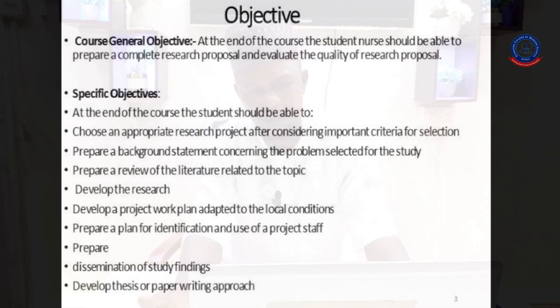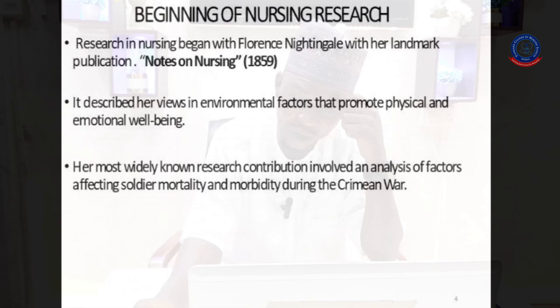Then we want to start with how does nursing research begin? Research in nursing began with Florence Nightingale with her landmark publication, Notes on Nursing. That was in 1859. In 1859, there was a renowned researcher in the nursing profession by name Florence Nightingale.